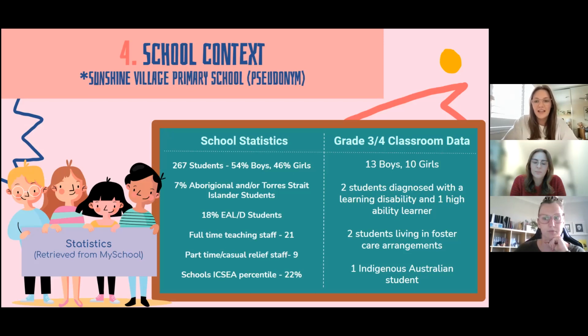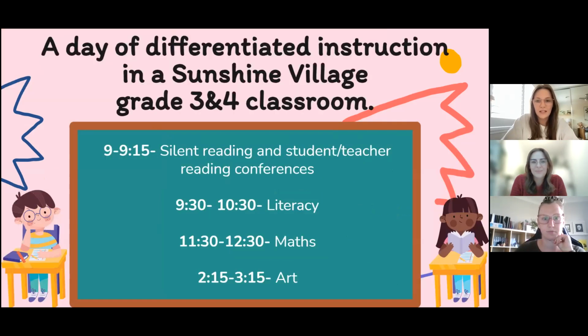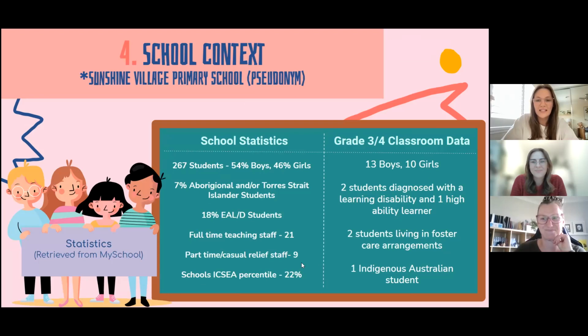So the higher this value, the higher the socio-educational advantage of the school and vice versa. So as you can see, with the percentile score of 22%, Sunshine Village Primary is more educationally disadvantaged than 78% of all Australian schools.